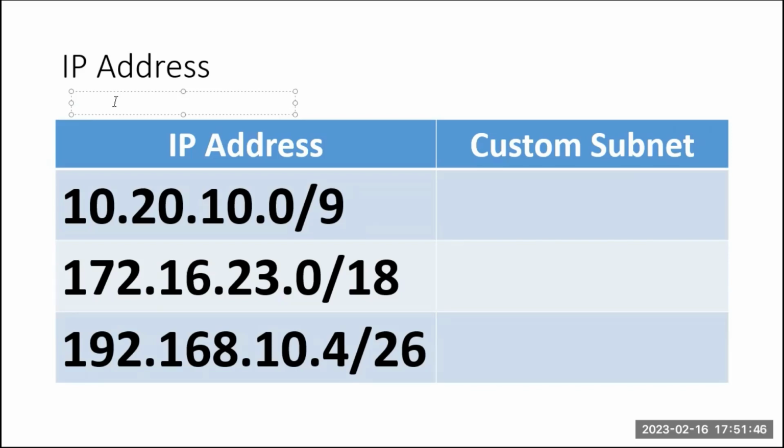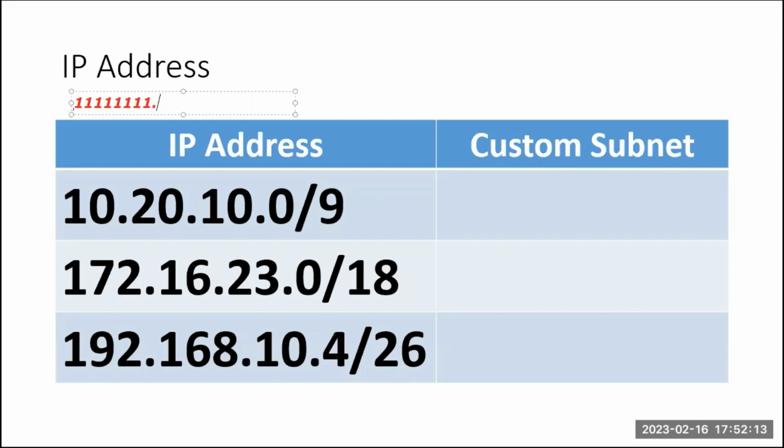The /9 means we are supposed to turn on the first 9 bits of the subnet mask. This is binary now, so in the subnet mask you're going to have 1, 2, 3, 4, 5, 6, 7, 8. Each octet can only hold 8 bits, so since I have 8 there, I put a full stop.